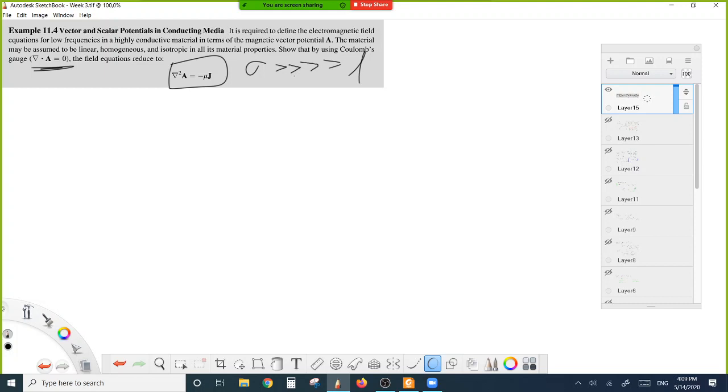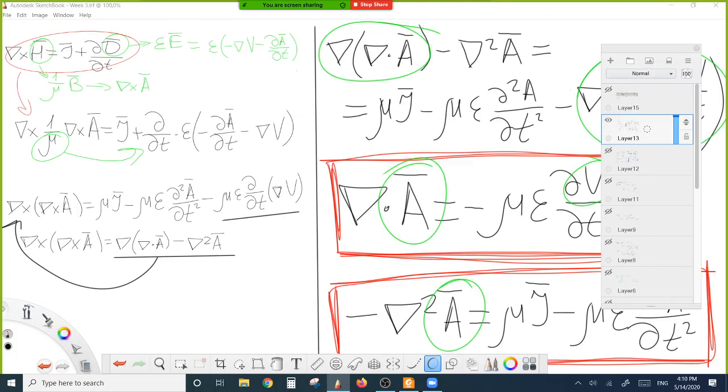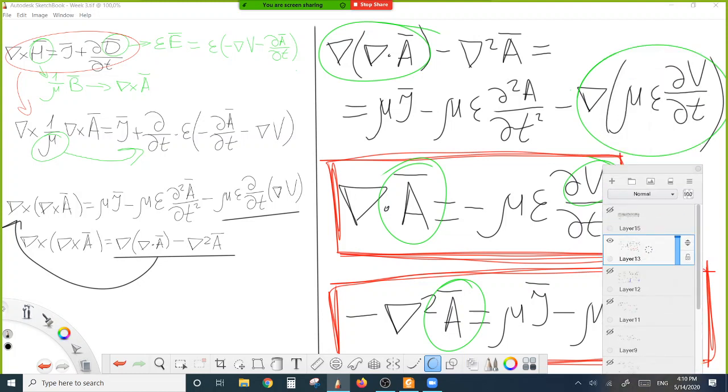So, first of all, let's write the field equation. It was defined. Okay, here let's write this equation.